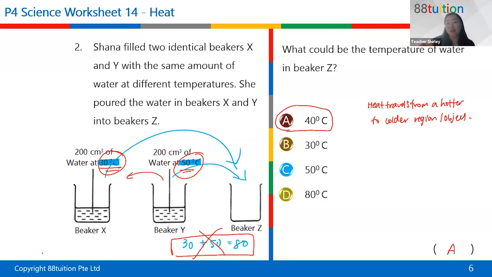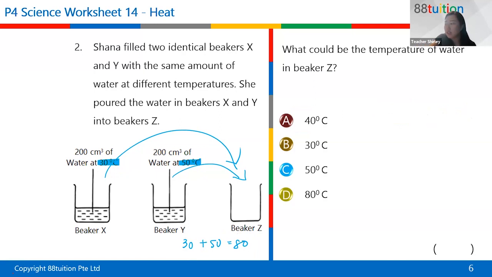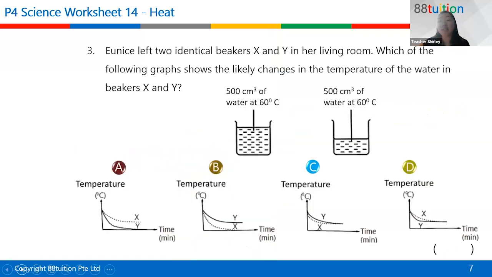Now let's move on to question number 3. The answer for this is A. Okay, next question. Eunice left 2 identical beakers in her living room. Which of the following shows the likely changes of temperature in both? So same thing, if you notice, volume is the same.